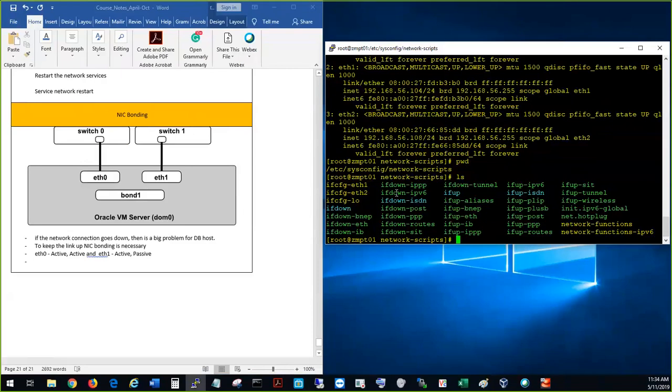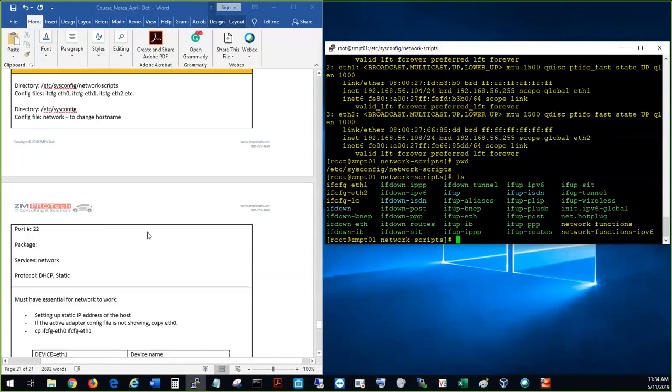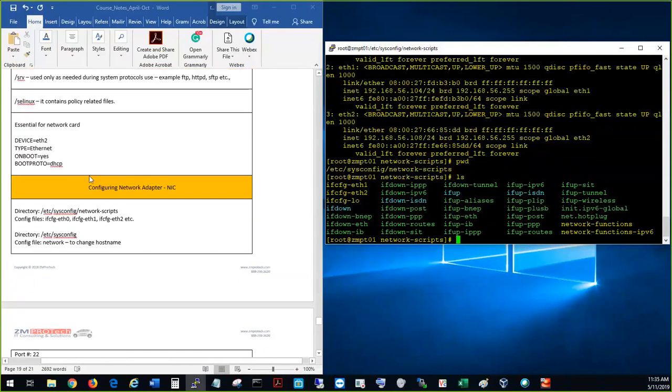So copy ETH0 and make it ETH3. Then copy ETH0 again and make it ETH4. And then I can delete ETH0 then? Yeah, you could delete ETH0. All the essentials you have here, you must have 4 lines in here, okay? Yep.